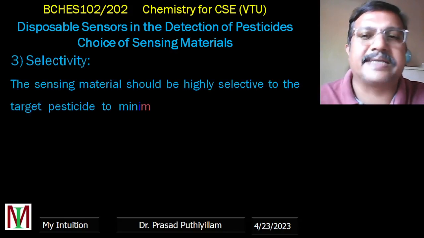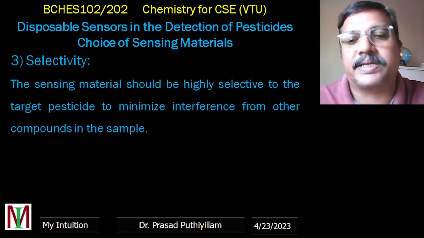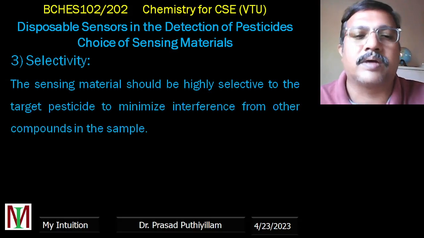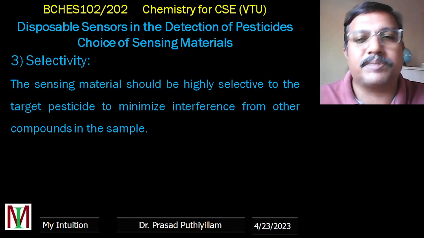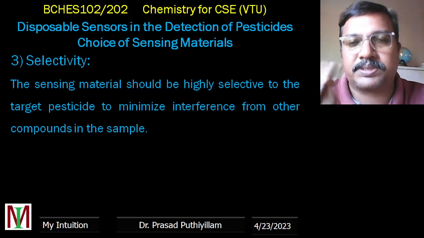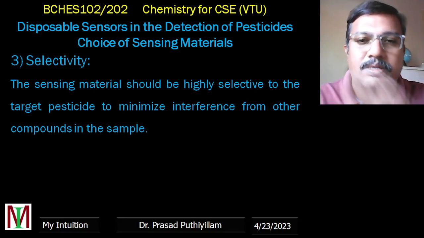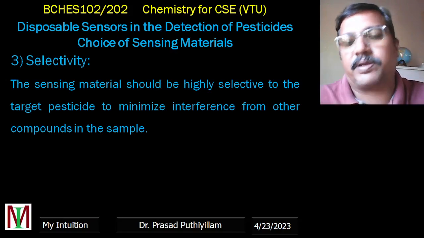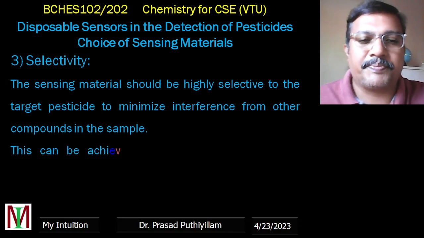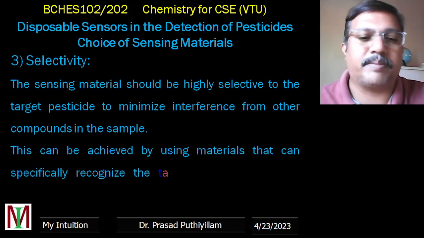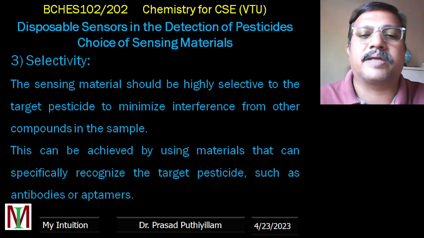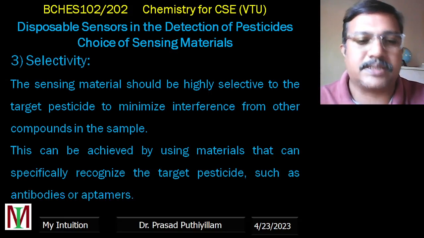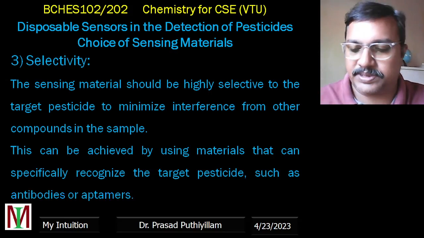It should be highly selective to the target pesticide to minimize interference from other compounds in the sample. Selective means selecting only the particular pesticide that we want to detect. Our sensor should selectively detect that particular pesticide only. Therefore, it can be achieved by materials which specifically recognize the target pesticide, such as antibodies or aptamers.